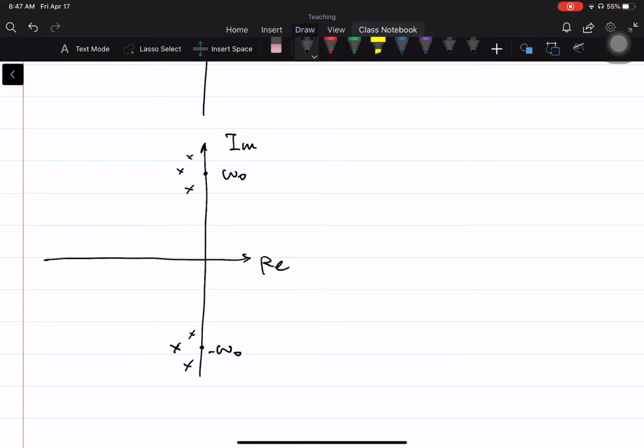And in this way, if your frequency is near omega naught, of course, you have to connect everything to that. And draw this more like straight lines.